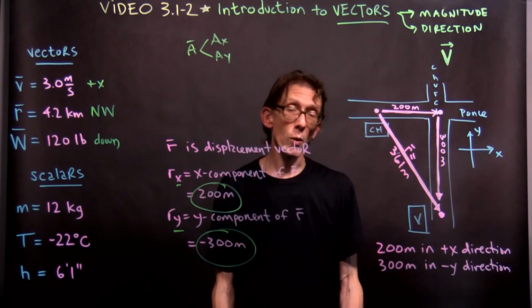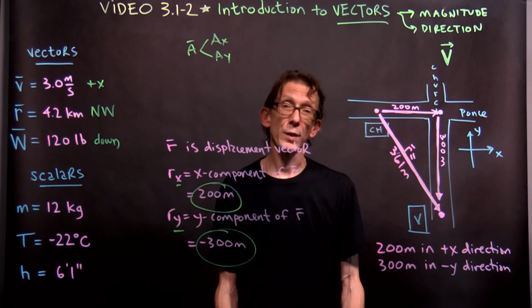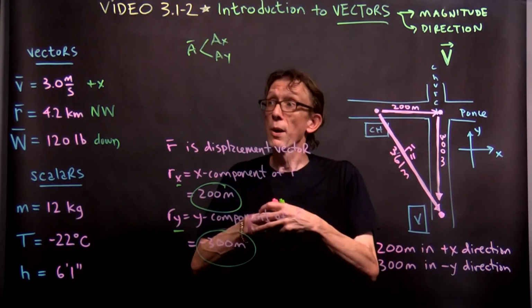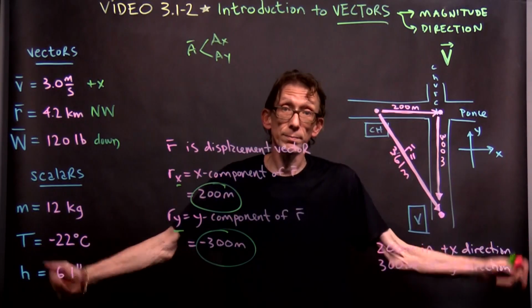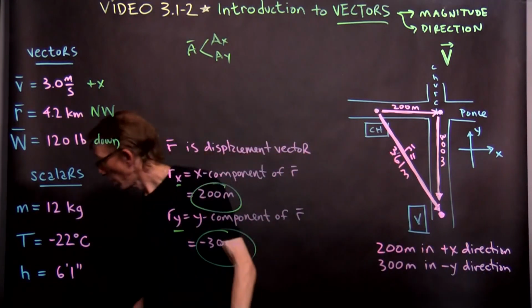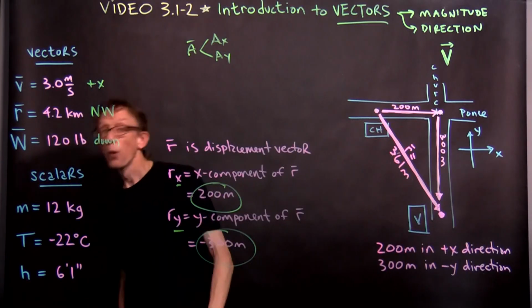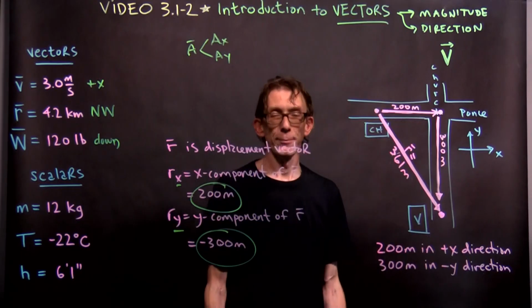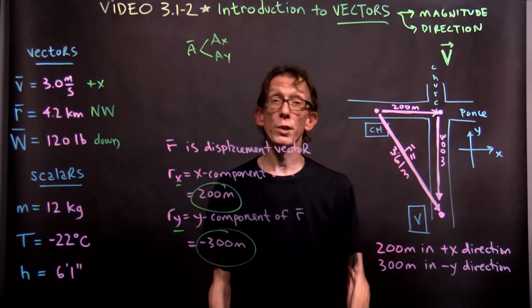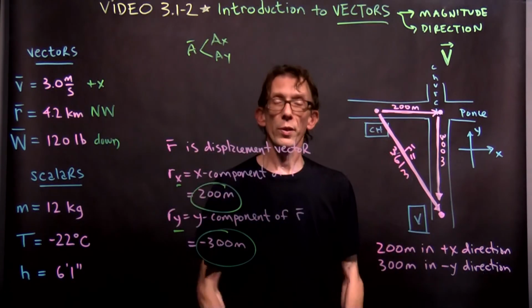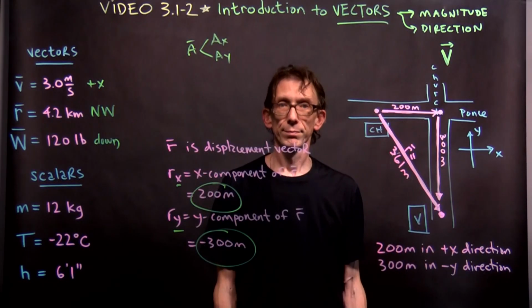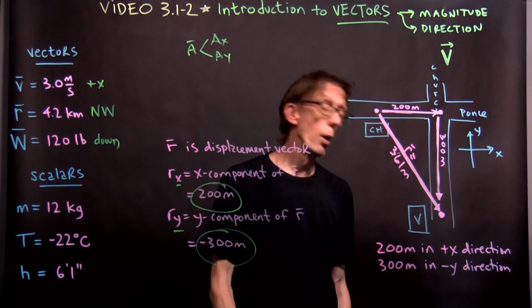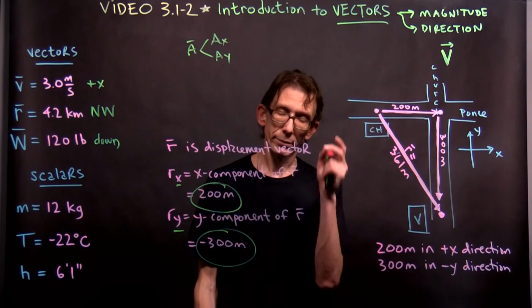We'll be seeing this show up again and again, especially over the next few videos, but then throughout the semester. All right, next up, a little bit of trigonometry review, and then we're going to put the trigonometry together with the vectors. All right, so that's it. Components, don't forget. That's how they work.